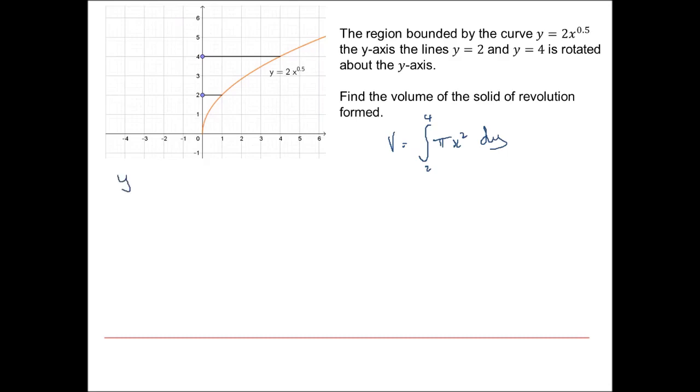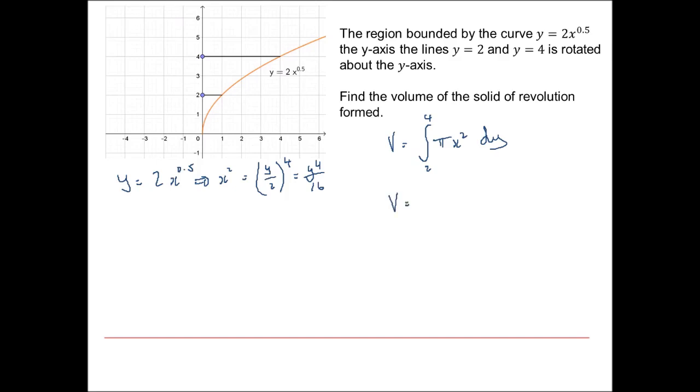So if y is equal to 2x to the power a half, then that means that x squared must be equal to y divided by 2, all raised to the power 4. So that gives us y to the power 4 over 16 for x squared.